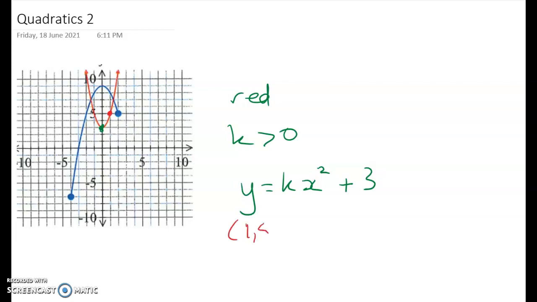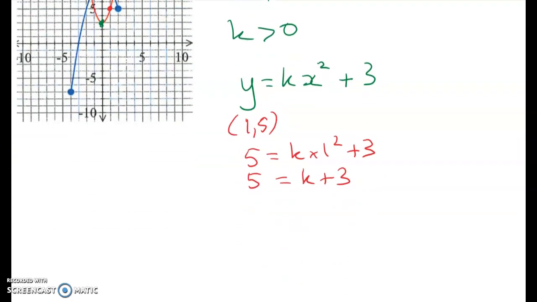I'm going to use 1, 5 to find my scale factor. So 5 is equal to k times 1 squared plus 3. 5 is equal to k plus 3. 2 is equal to k. That means that my equation for the red one is 2x squared plus 3.